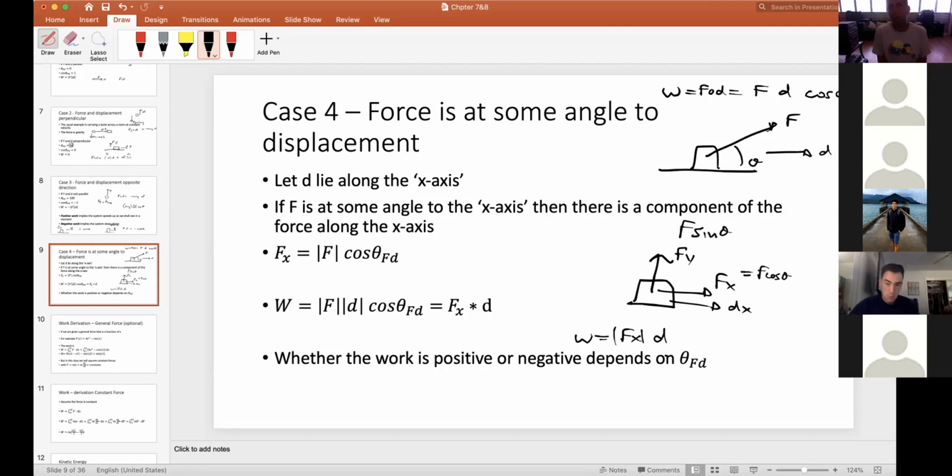Again, think about moving a fridge, if you've ever had to move a fridge. If you're pushing up at some angle, only some of that force is moving that fridge across the room. If you push straight in the horizontal, all of your force is moving it. However, if you're at some angle, only some of the force is going to make the object move. We'll come back to that when we do problems and you'll see.